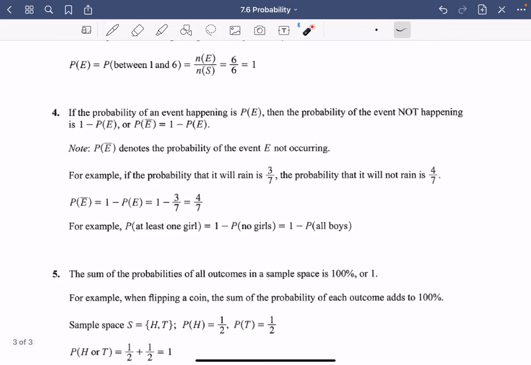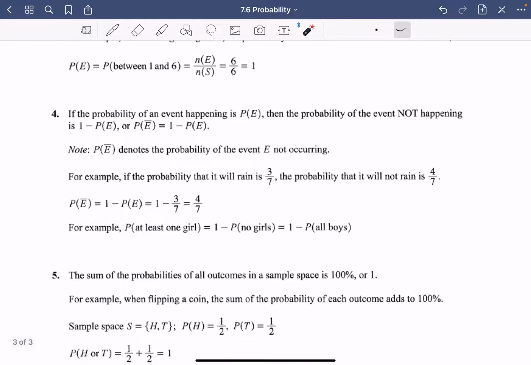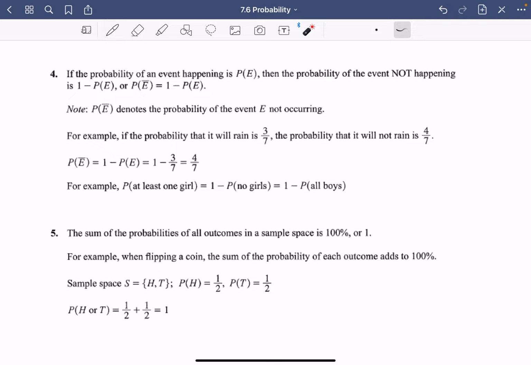Okay, rule 4. If the probability of an event happening is P of E, then the probability of the event not happening is 1 minus P of E. And that is represented by a bar on top of the E. This is saying that E is not happening. Let me label that.